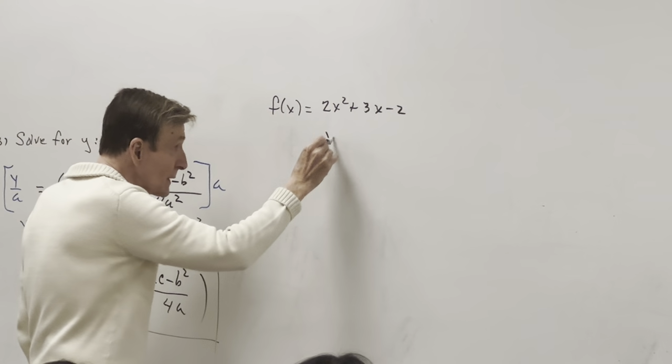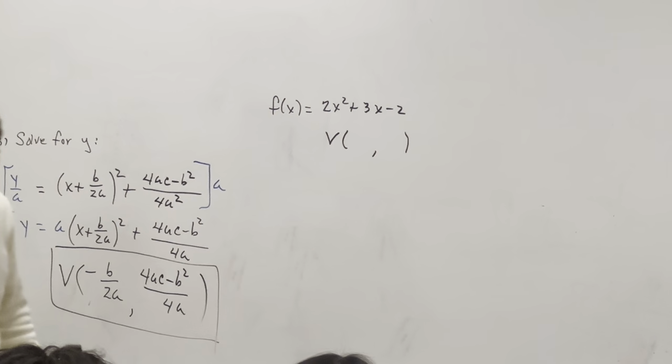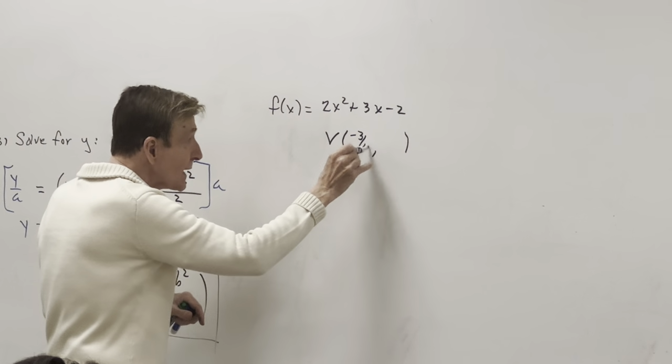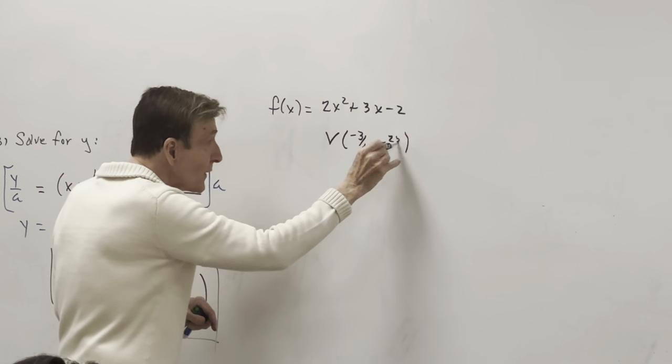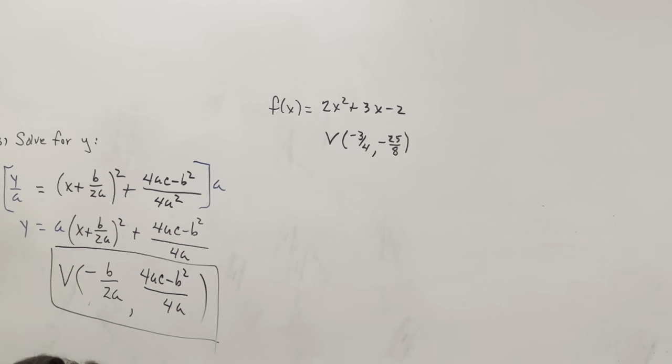Please, can someone tell me what we eventually ended up with, for numbers, before the break, what was the turning point vertex on this one? Negative 3/4 and negative how much? 25/8. 25 over 8, 3 1/8, and we graphed it. Andrew, you may have helped us out.